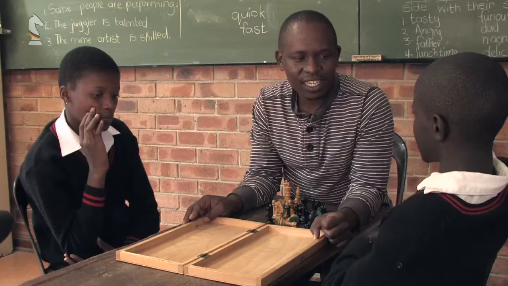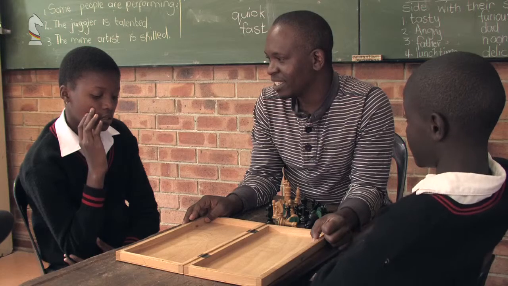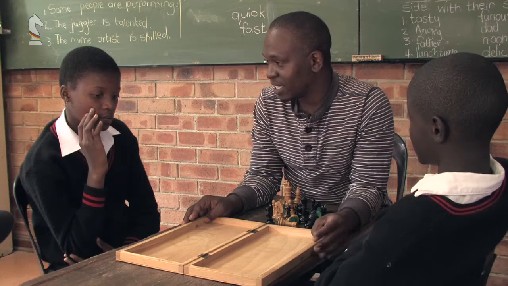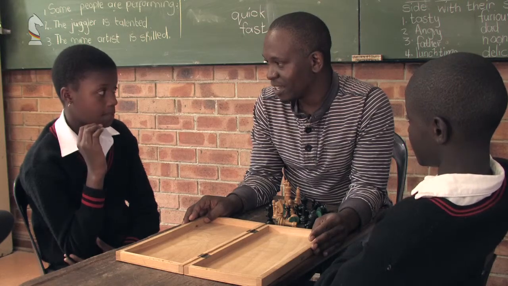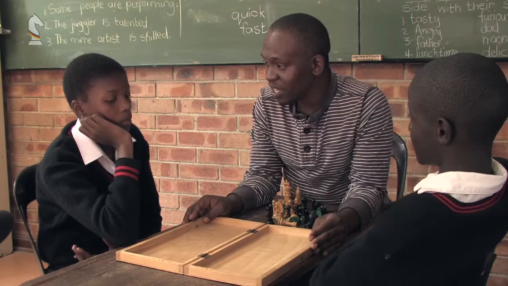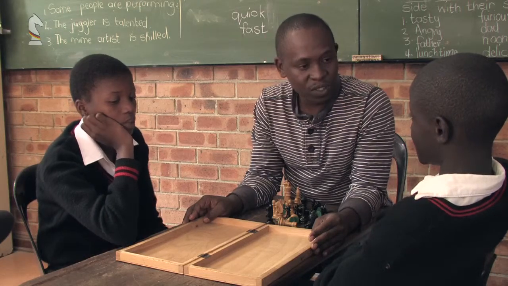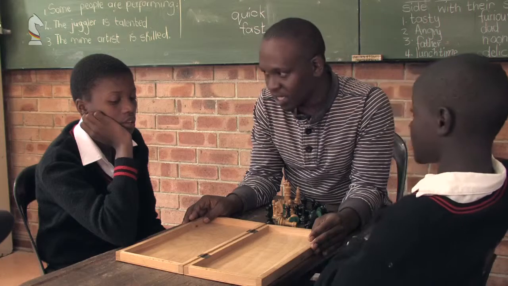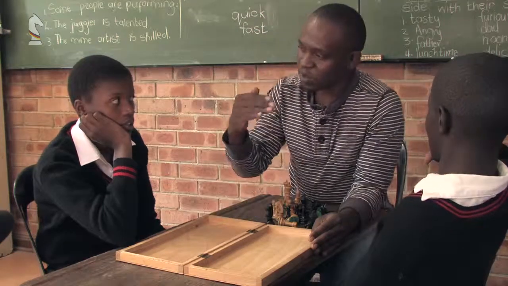If it goes to h3. Do you understand? Because the knight is on g1 and the rook moves to h3. Remember, the knight moves two steps and then one to the side.